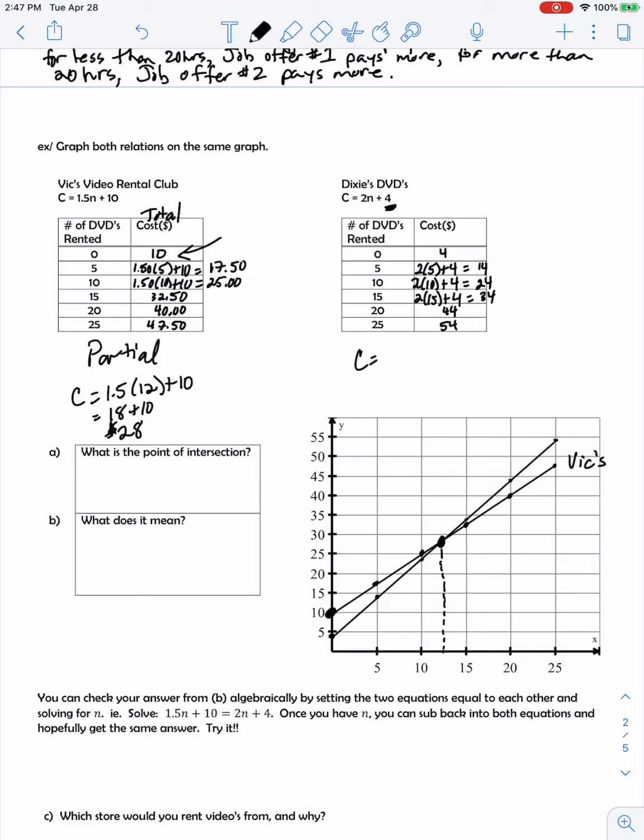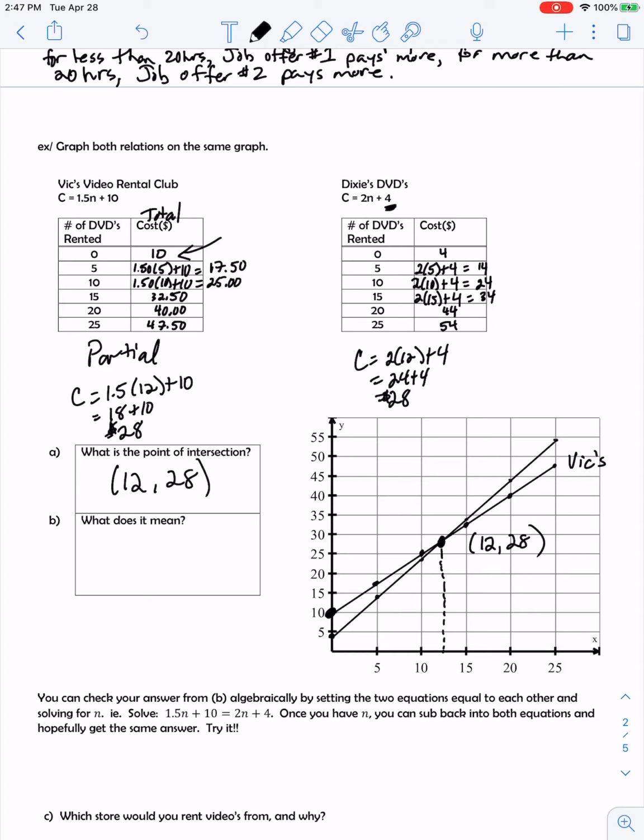And at Dixie's for 12 videos, that's 2 times 12 plus 4, which is 24 plus 4, which equals $28. So yes, this is the point 12 and 28. So the point of intersection is (12, 28).